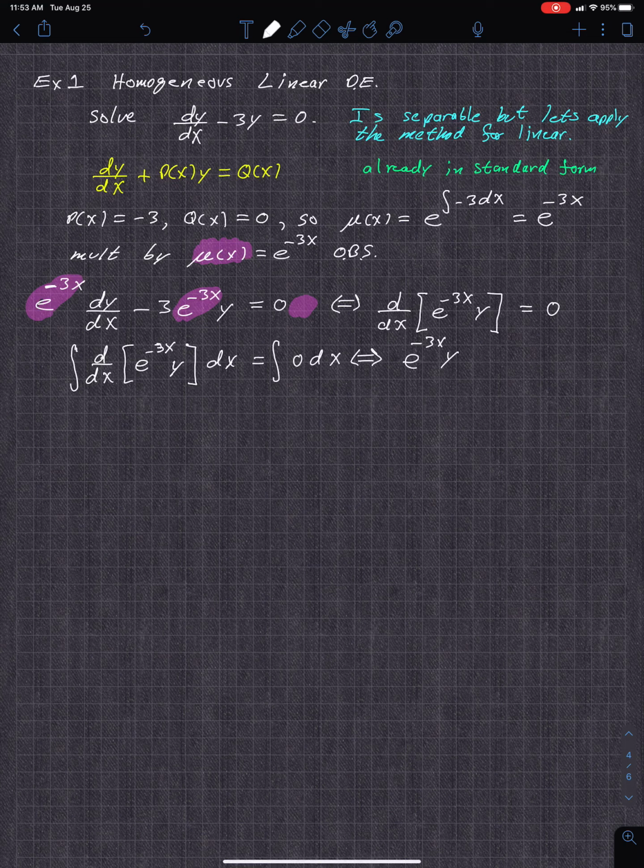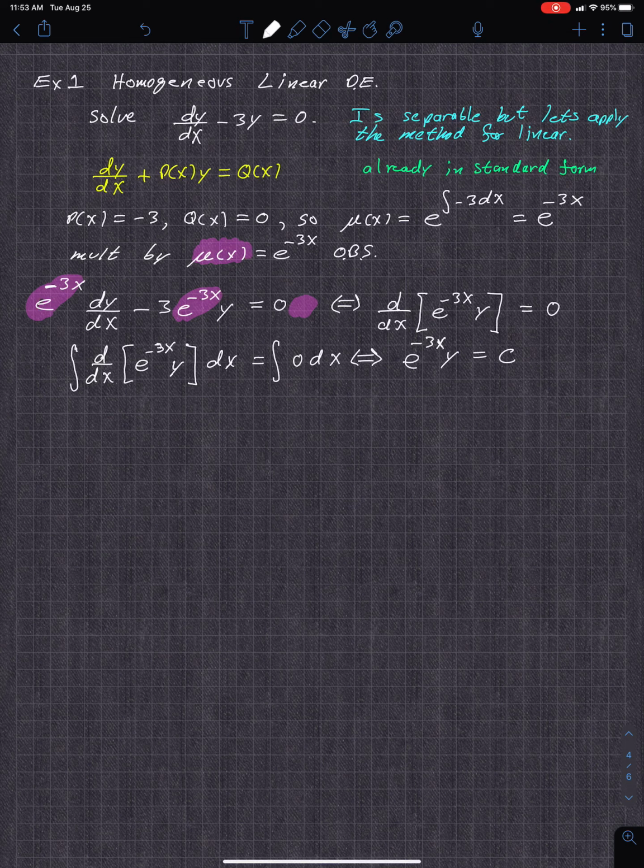In case I didn't say it explicitly, anytime you integrate the derivative, you get just what's inside. That's the fundamental theorem concept. You're undoing the derivative with the antiderivative, so it's just itself. On the right-hand side, the integral of 0 is a constant, because if you differentiate a constant, you get 0.